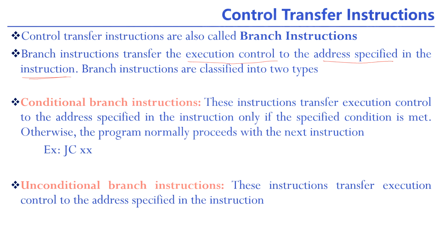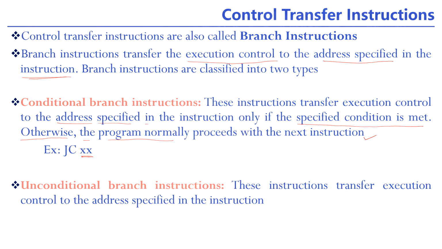Conditional branch instructions transfer the execution control to the address specified in the instruction only if the specified condition is met, that means satisfied. Otherwise, the program normally proceeds with the next instruction. Suppose here one example is available.